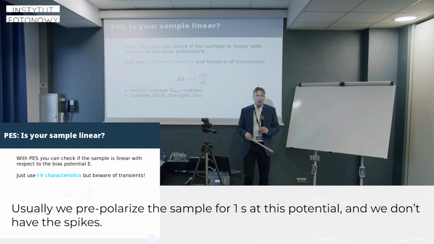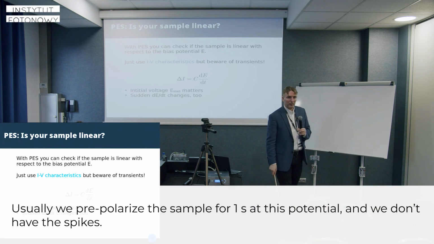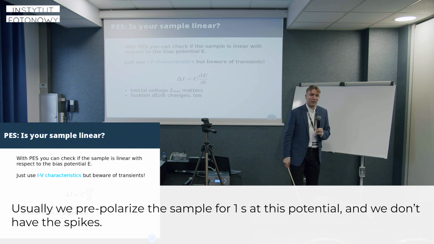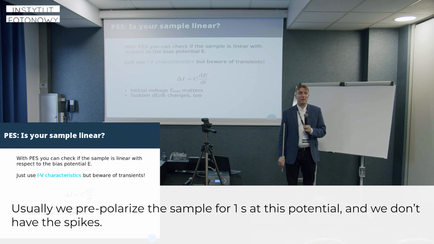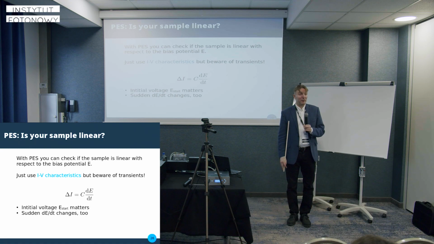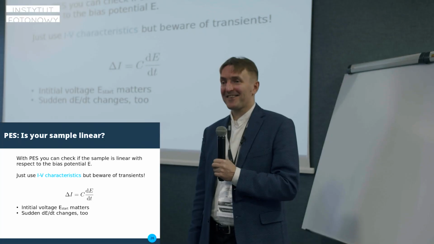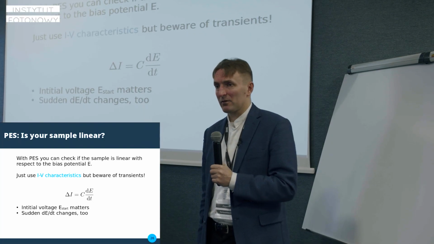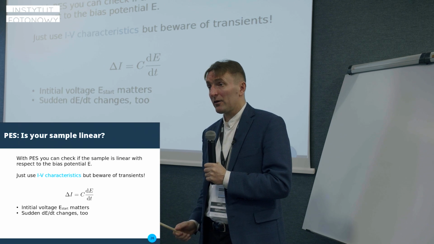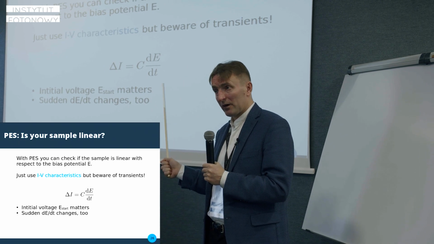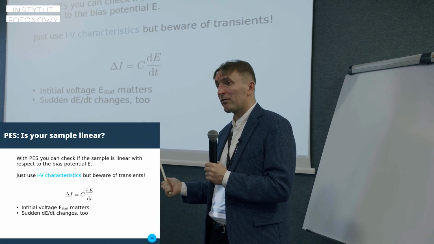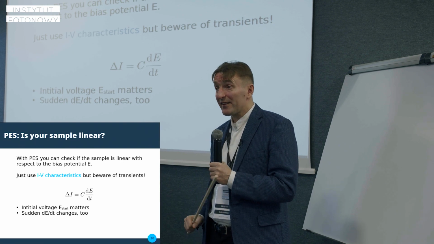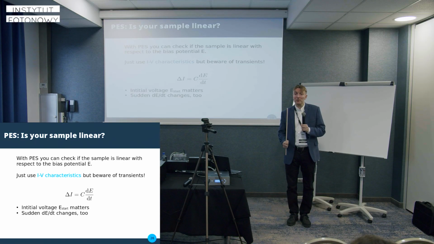But usually we prepolarize the sample for 1 second at the starting potential, and we do not have the spikes. That's great if you are aware of that. However, not everybody is. This is the thing. So I wanted to stress here that this IV characteristic is a good tool to find out whether your sample is linear with respect to those two parameters, I and V.